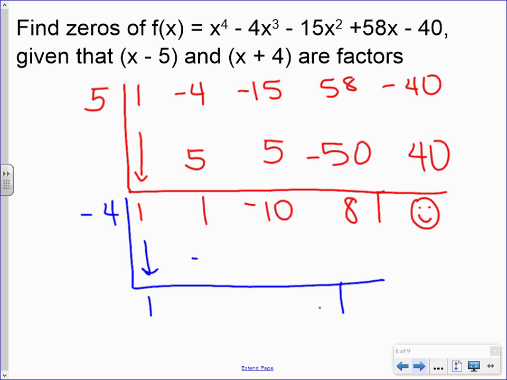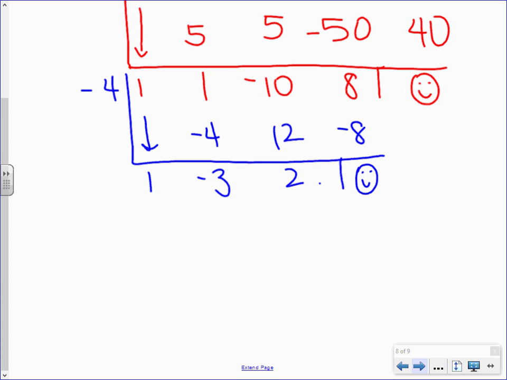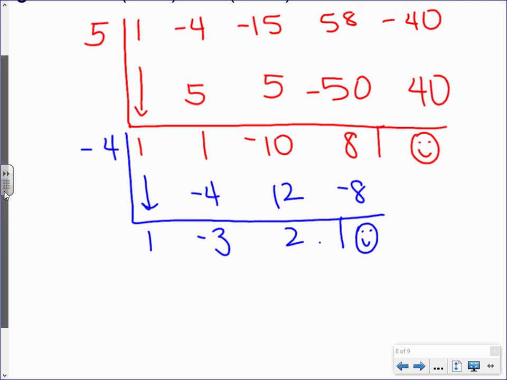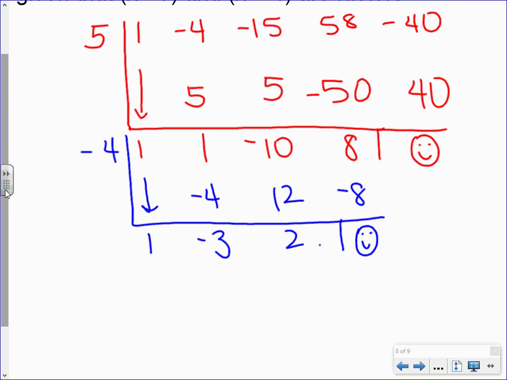So 1, negative 4, negative 3, 12, 2, negative 8, all right, 0. Once again, if you don't get 0, you've made a mistake. If I tell you it's a factor, you should get a remainder of 0. So we have done synthetic division twice. We didn't do synthetic division of the x to the fourth degree polynomial both times. We did synthetic division once, and then from there, we did it again. Don't take a step backward.